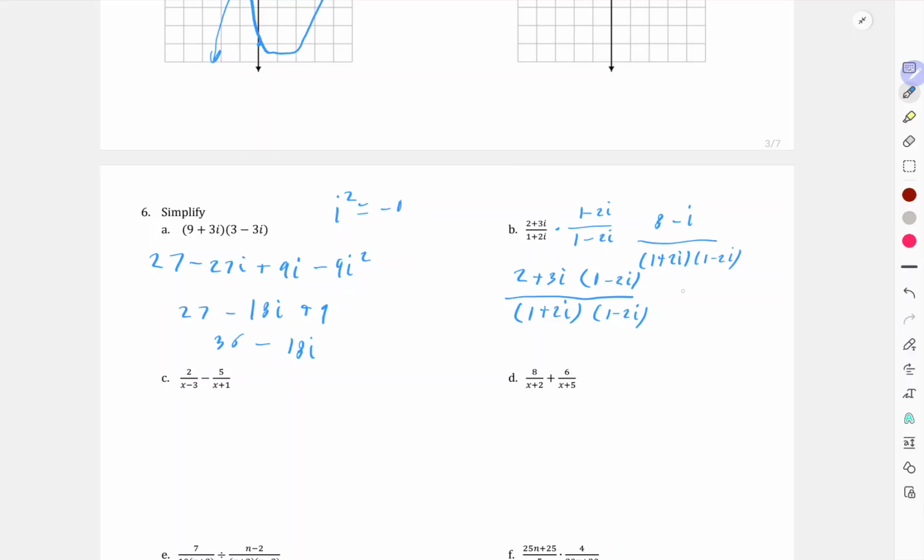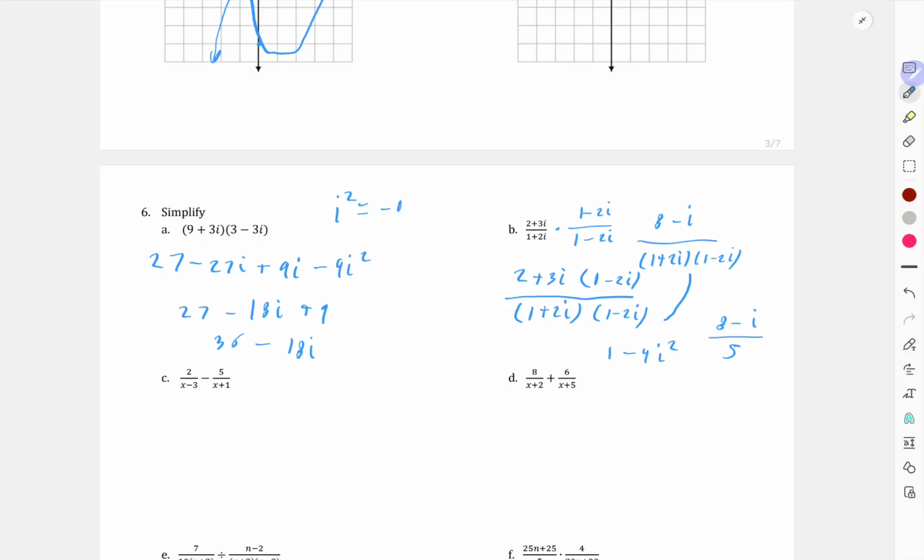After simplifying the bottom parts, we got 1 minus 4i squared, I think. And 1 minus 4i squared is just plus, so that's just 5. So this is 8 minus i over 5.